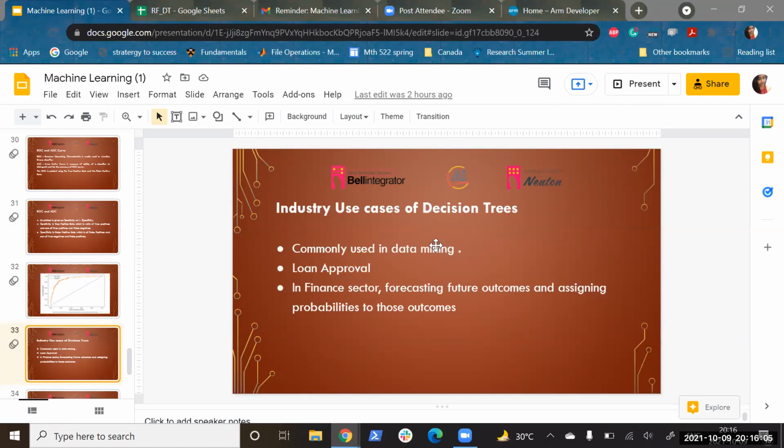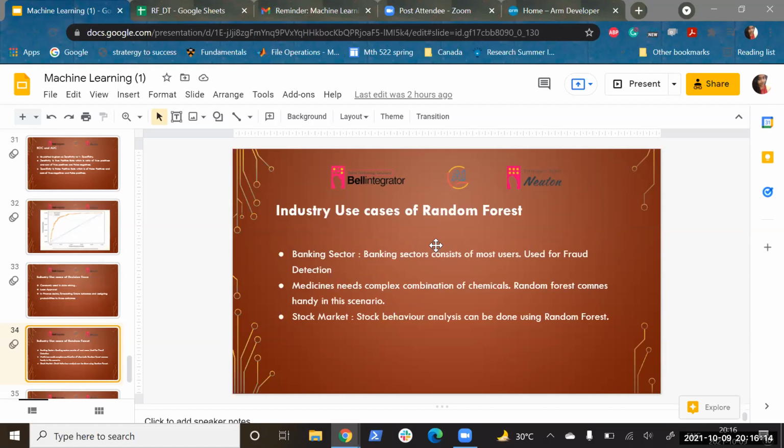They are also used in the finance sector, like forecasting future outcomes and assigning probabilities to those. In industry use cases like fraud detection, whenever somebody says random forest, the first thing that comes to mind is the fraud detection data set or fraud detection model. In medicine, random forest is used. Why? Because complex combinations of chemicals have to be done. So in that case, depending on random forest is better.